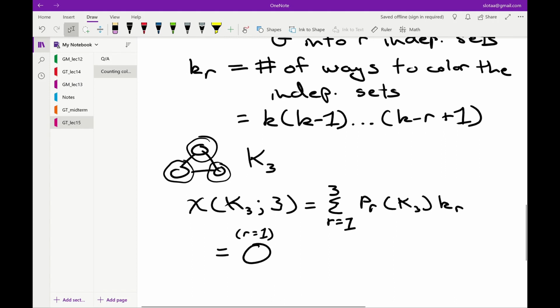Likewise, for this specific instance, we're going to have 0 for R equals 2.